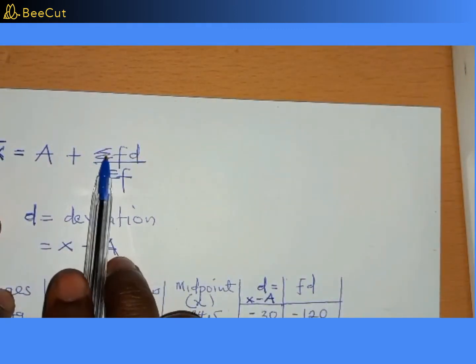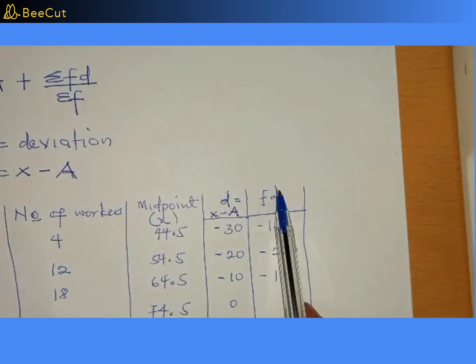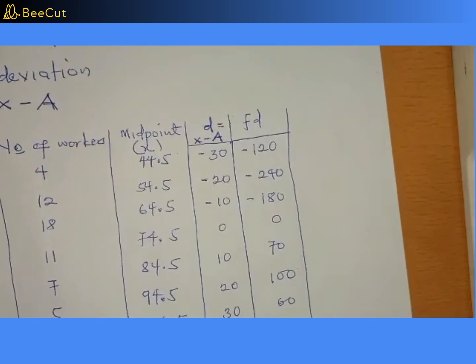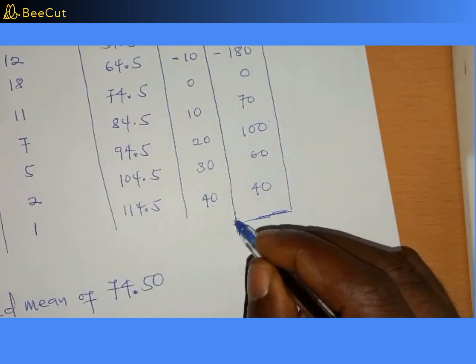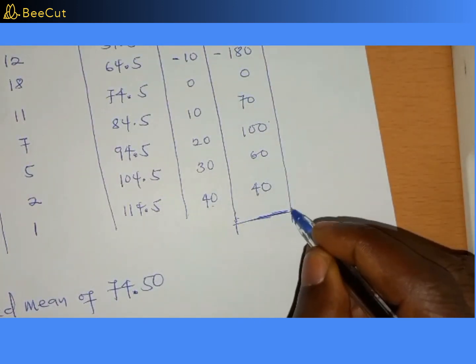Now the formula is saying that we are to sigma the FD. It means that we are supposed to sum up the FD values. Let's see what that gives us.